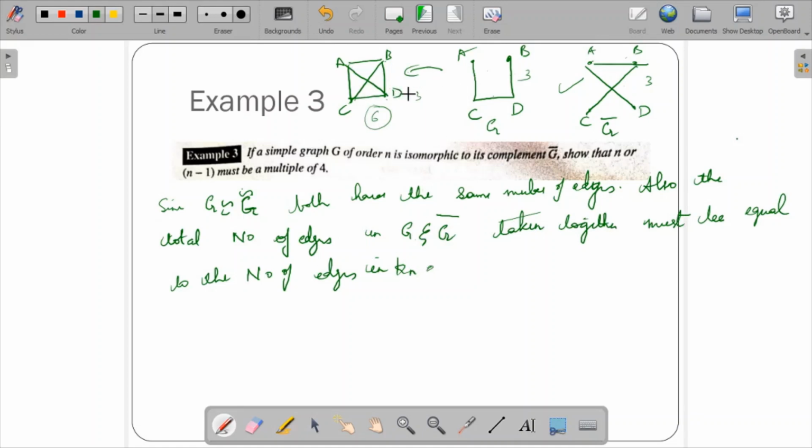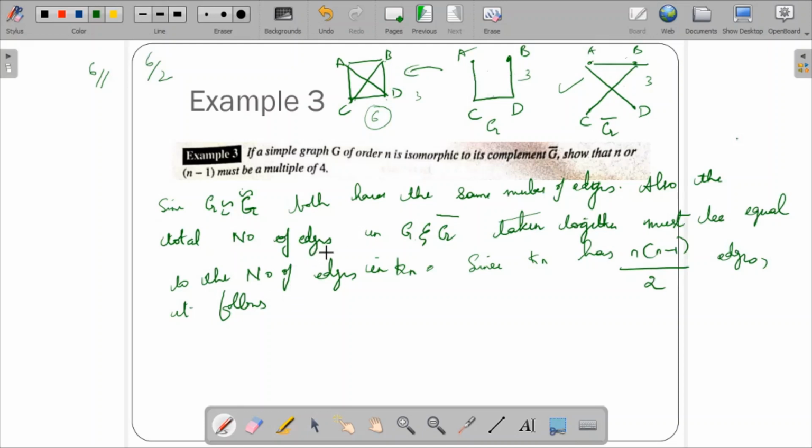Since Kn has n into n minus 1 divided by 2 edges, here Kn has 6 edges, right? So again divided by 2, it should be n into n minus 1 divided by 4 edges.